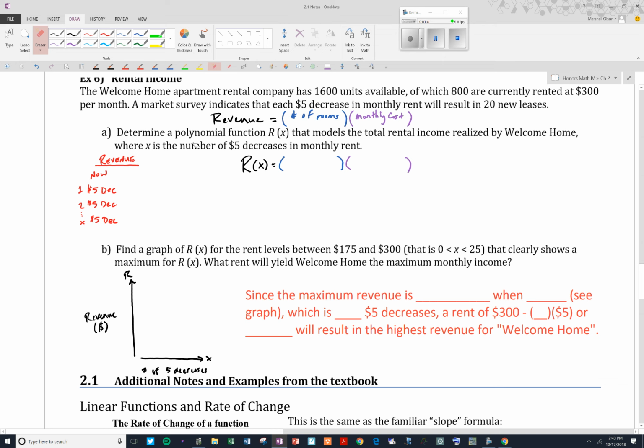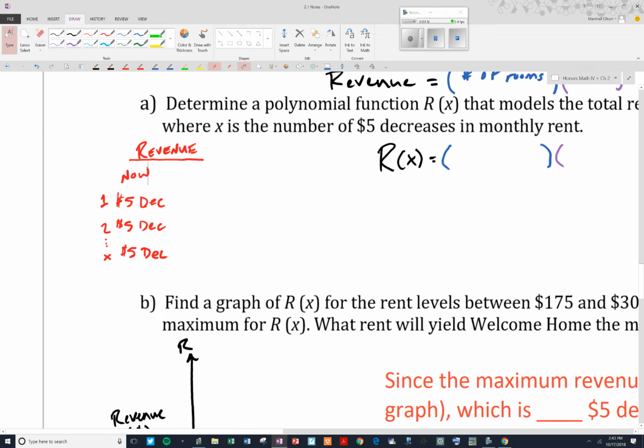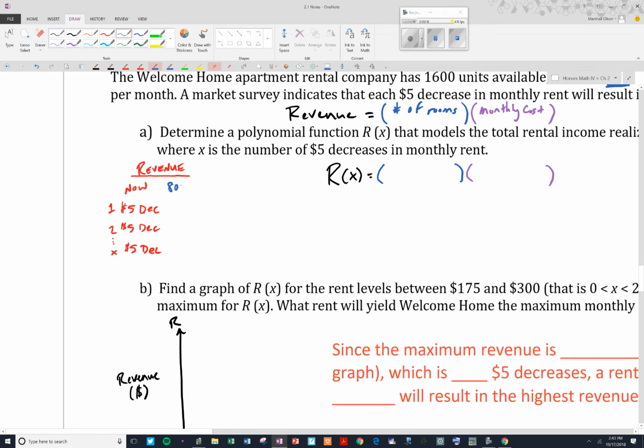If we wanted to find the revenue right now, we would simply take how many we have right now, 800, and it's at $300 per month. So right now we could take 800 and multiply that by 300, which is going to give us 24,000, but that doesn't even really matter right now. That's how we would calculate the revenue right now.